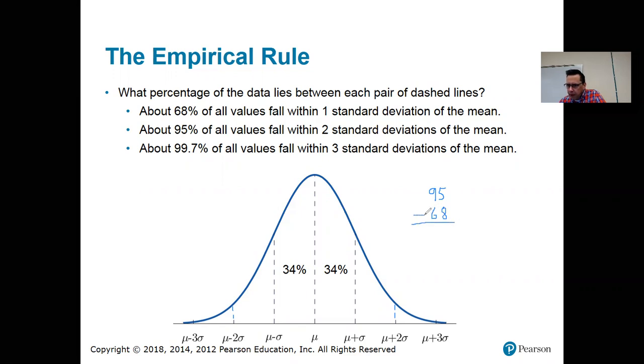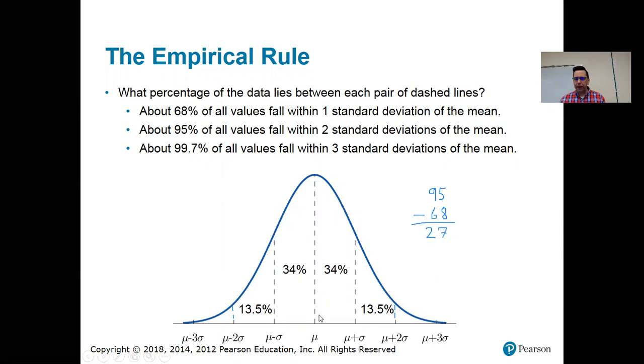That 27% needs to be divided equally between here and here. So within each one of those regions there would be 13.5%.